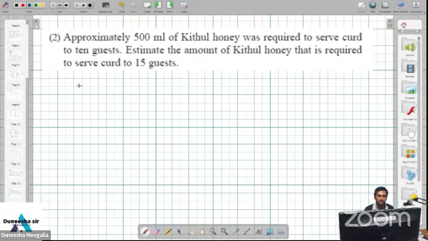Then the first one, 500 milliliters required. How many guests? 10 guests required that honey amount.